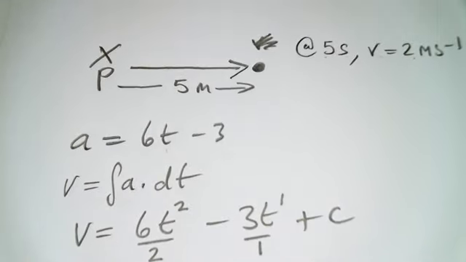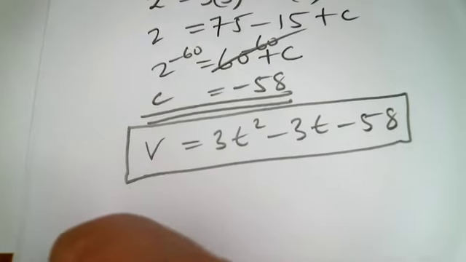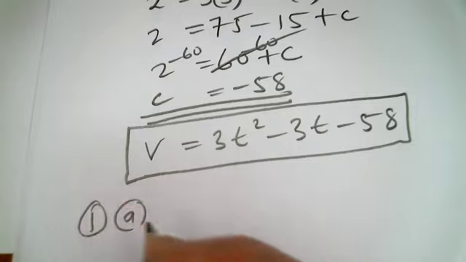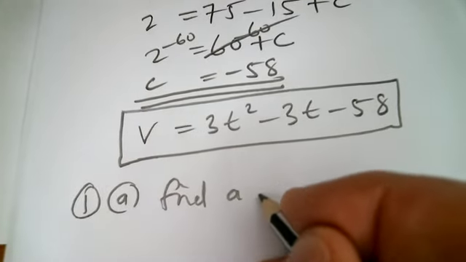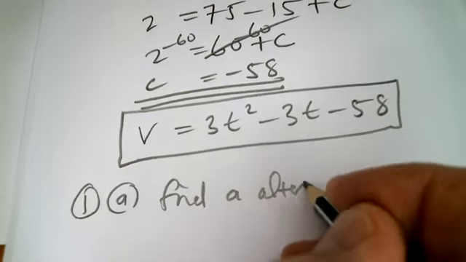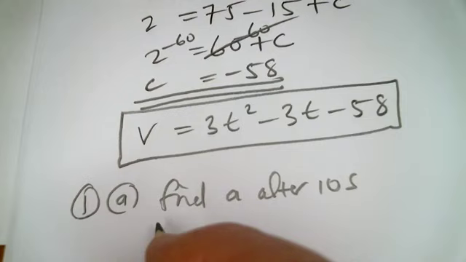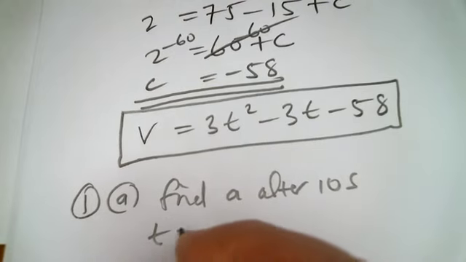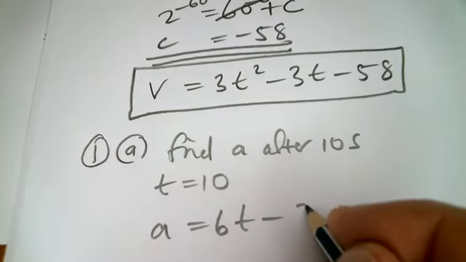So this is now answering question 1a. It says find A after 10 seconds. Well, we know that t equals 10. We know that A equals 6t minus 3.